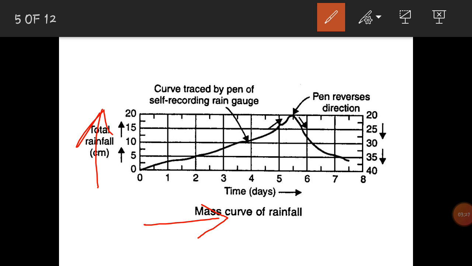For non-recording rain gauges, mass curves are prepared from knowledge of the approximate beginning and end of a storm, and by using the mass curves of adjacent recording rain gauge stations as a guide.